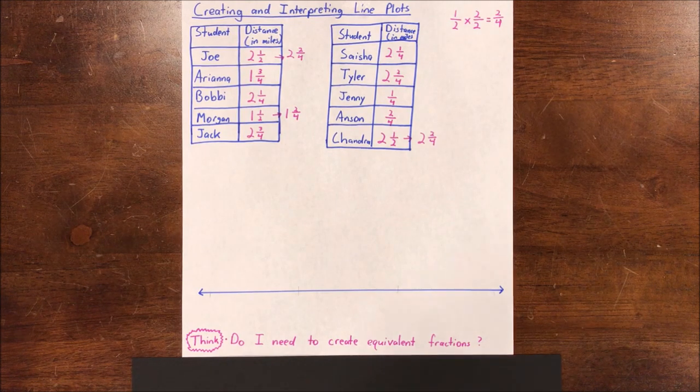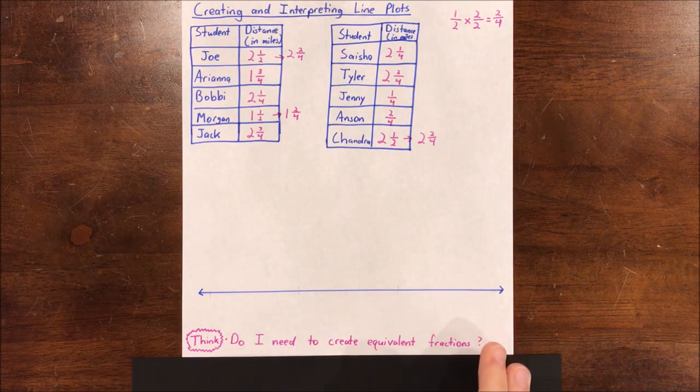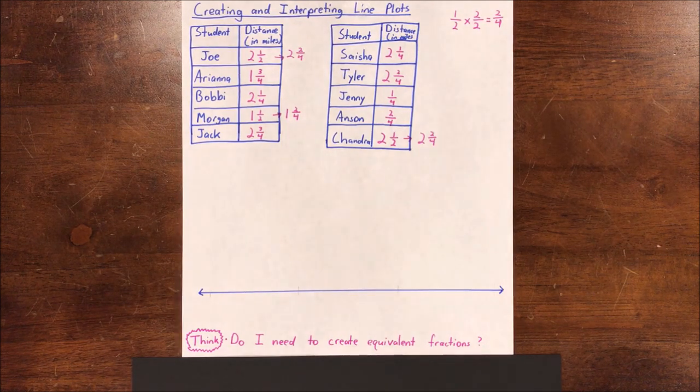So, what whole numbers should we use to create the range on our number line? The range is the largest and the smallest whole number that we need to have on the line. What range would make sense for this data set? Say it out loud. Right.